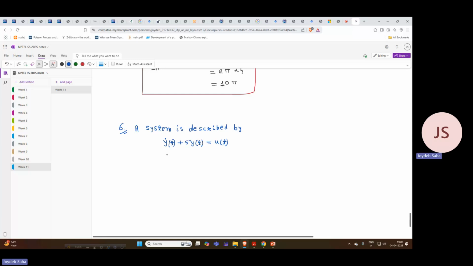Y0 is equal to 1. Ut is unit step. Okay, so find yt.